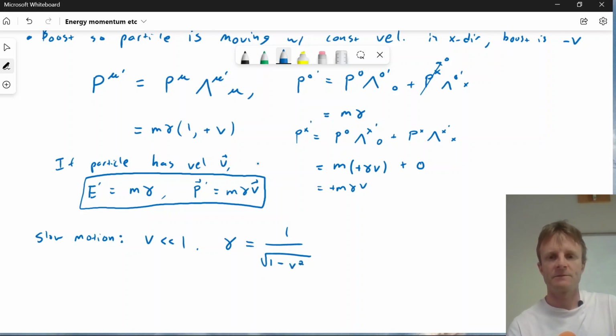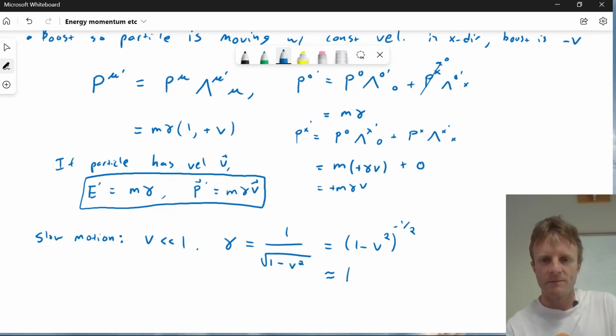When we Taylor expand, we can write this as 1 minus v squared to the minus 1/2. And then we can approximate that as 1, we'll bring down minus 1/2 times minus v squared plus higher order terms. And that's 1 plus 1/2 v squared.